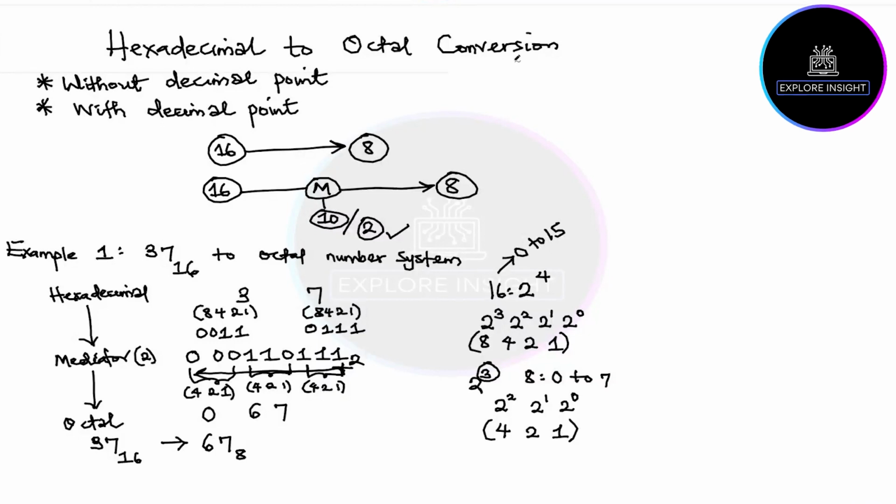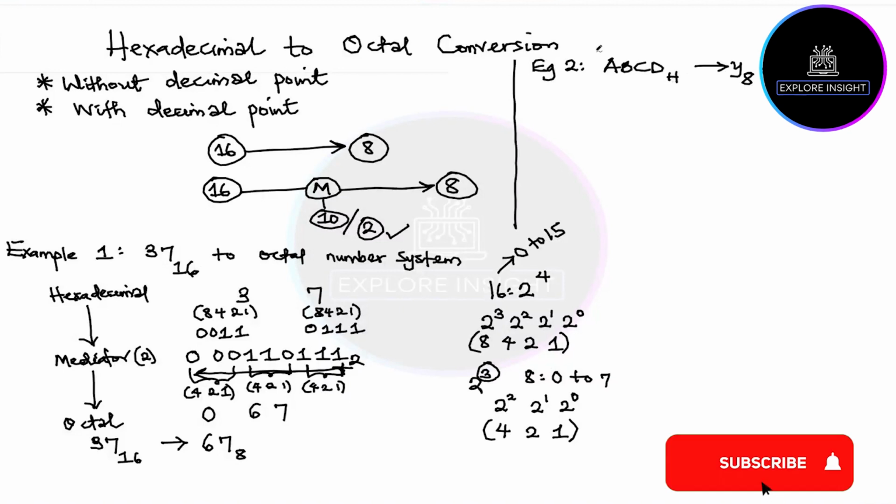Now, let me consider example 2. Let's convert ABCDH to Y in octal. So we have to find the value of Y. Don't forget, sometimes this base can be written as 16, sometimes it can be written as H. It also means the same thing.